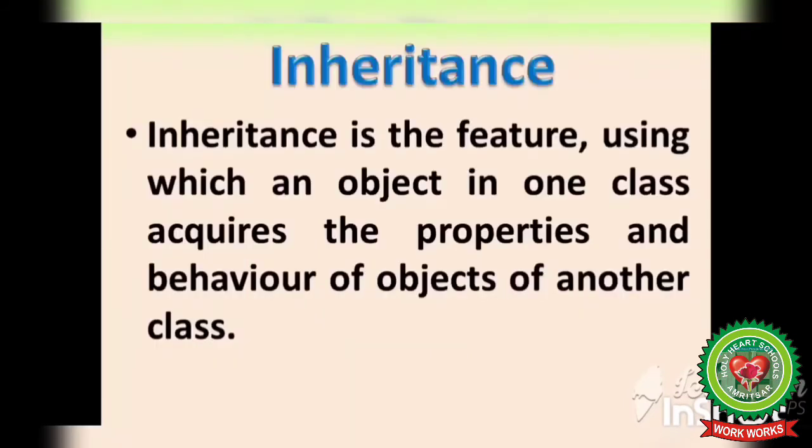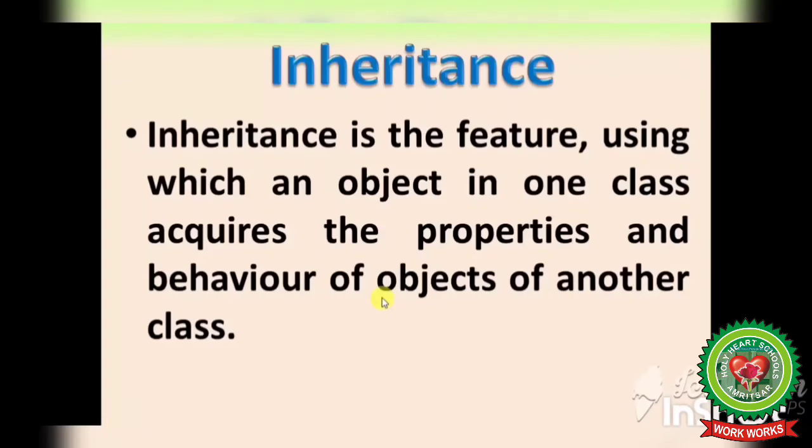The next thing is inheritance. Inheritance is the feature using which an object in one class acquires the properties and behavior of objects of another class, which means you can create new classes that are built upon an existing class and can reuse the methods and fields of the parent class.